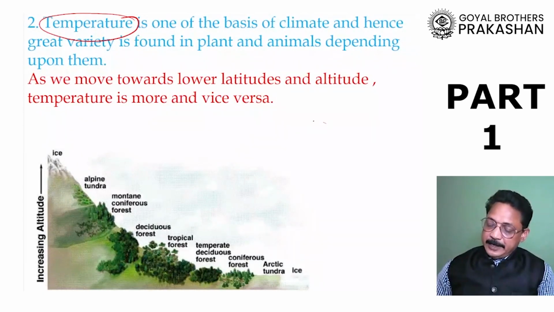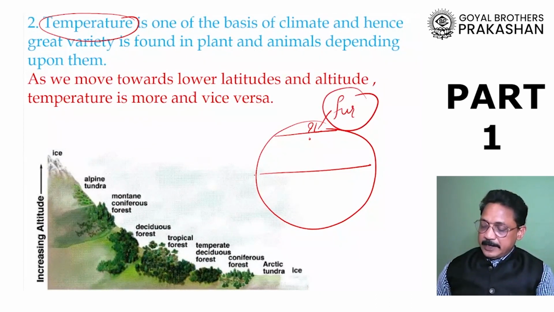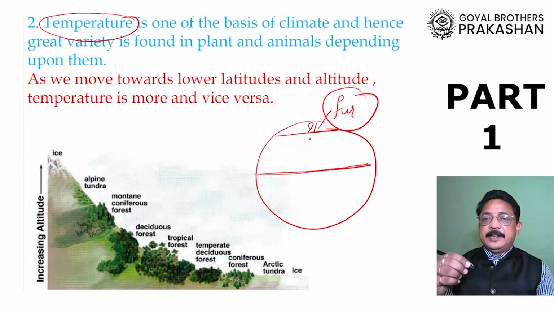Now, if again here is the equator, dear student, and I ask you which kind of animals live in the frigid zone, they will say the animals having fur on the body. Whether an animal has fur on its body or not again depends on temperature, and the temperature again depends upon what?